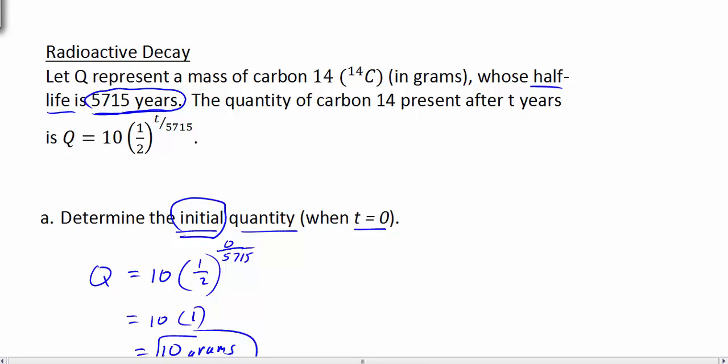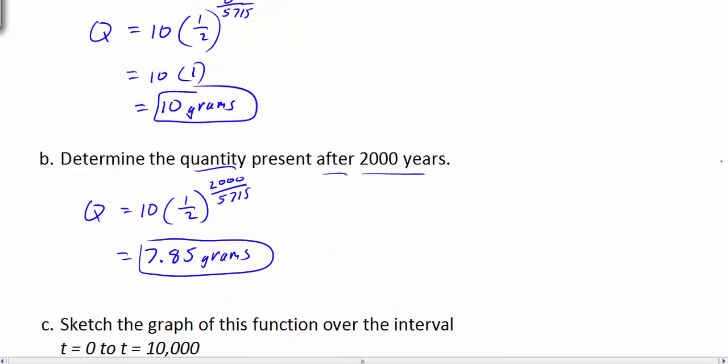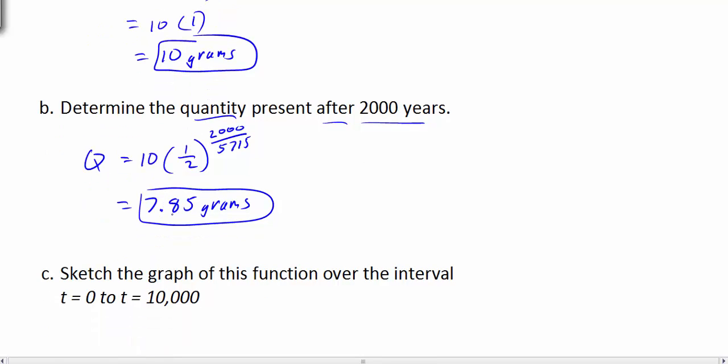So it's only after 5,715 years that we would have 5 grams. We're looking at only 2,000 years, so we're going to have more than 5 grams left. In this case, we're going to have 7.85 grams.